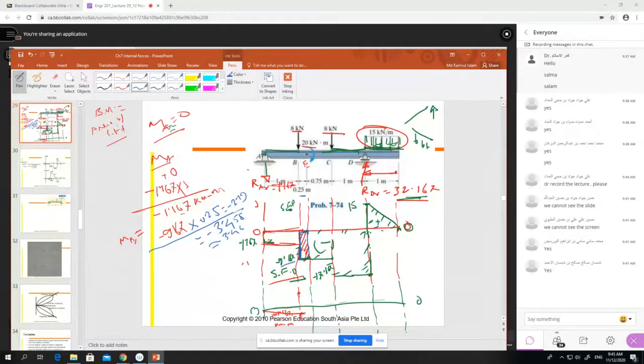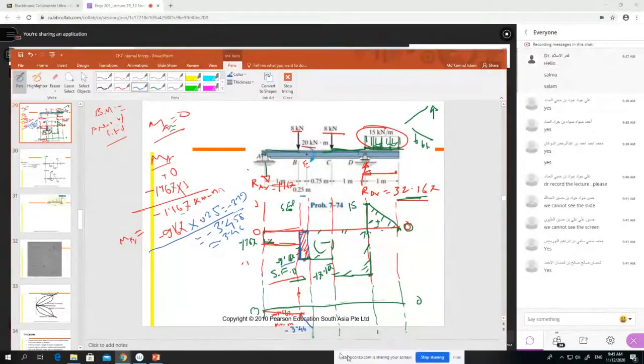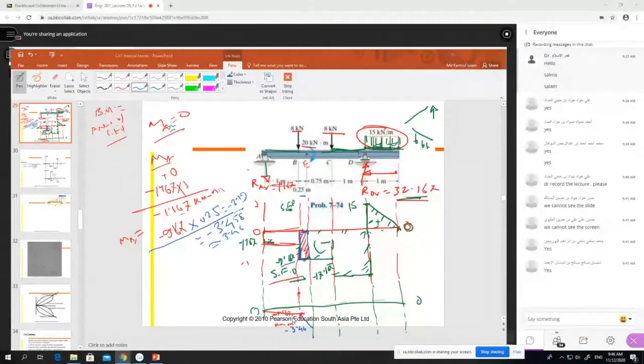So here minus, so at point E it is still minus, right? Minus 3.467 kilonewton meter.